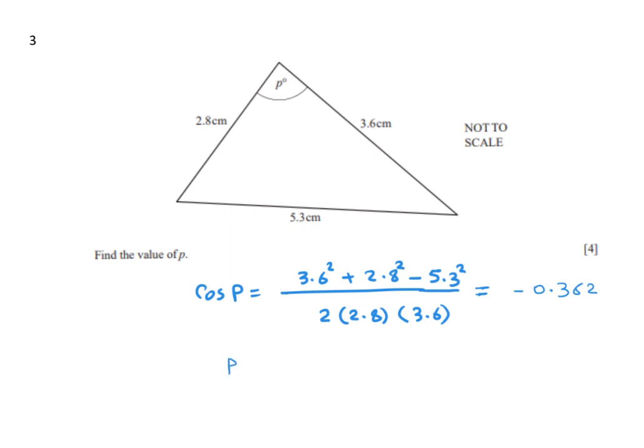Now to find angle B, cosine inverse of negative 0.362, 111.2. Because cosine is negative, the angle is obtuse.